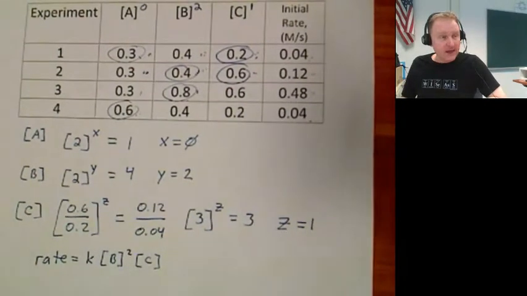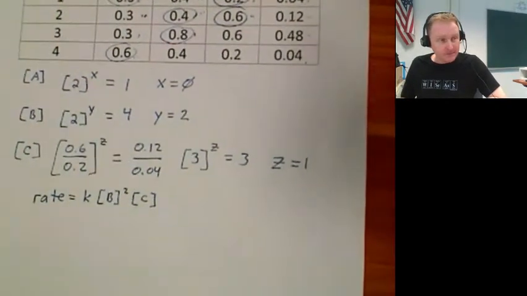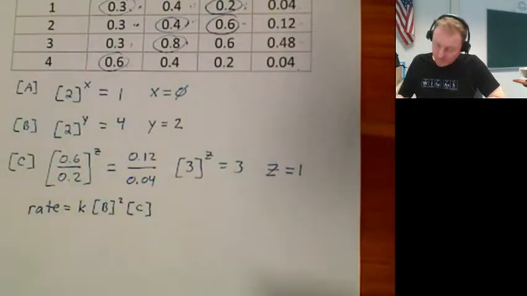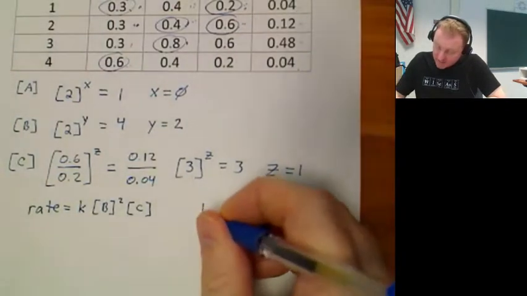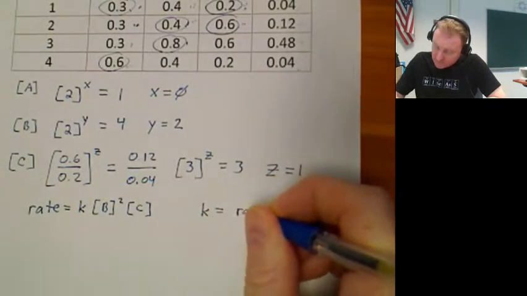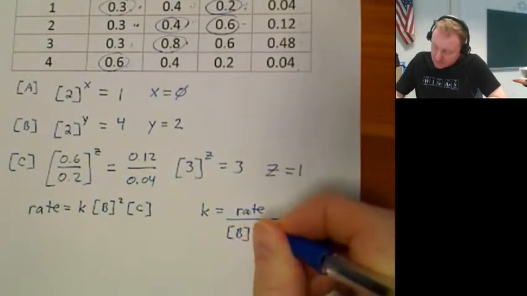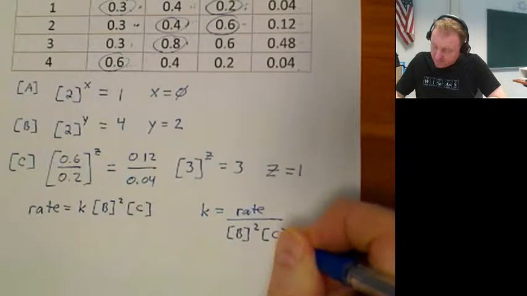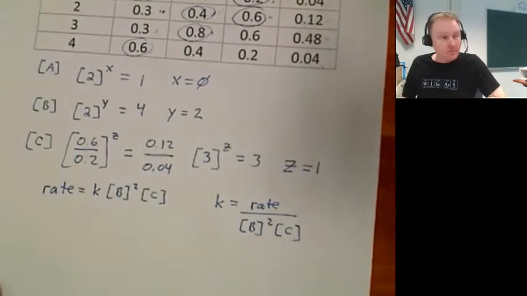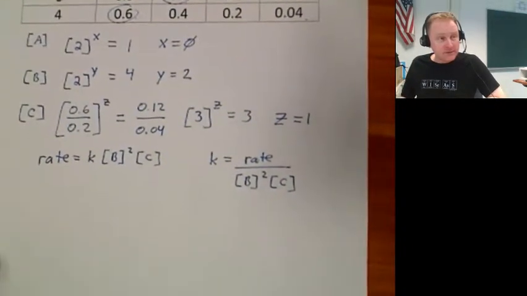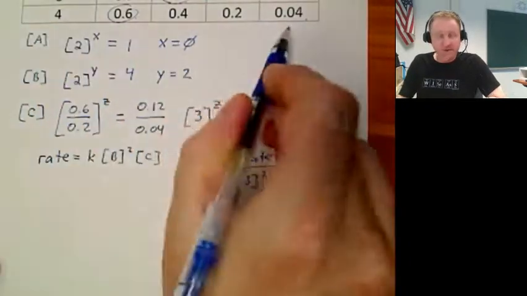Now let's solve for k. Rearranging this, I can say k equals the rate over B squared times C. I'm going to choose the fourth experiment to plug in values.